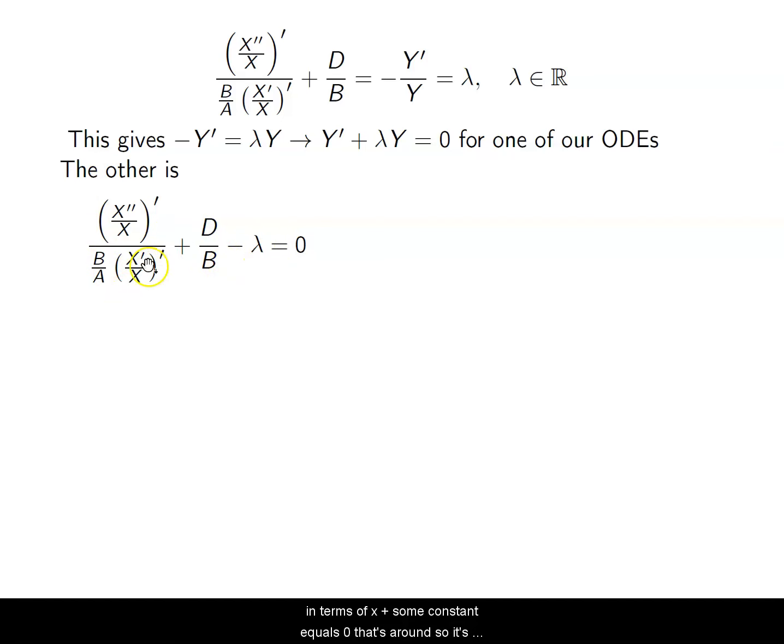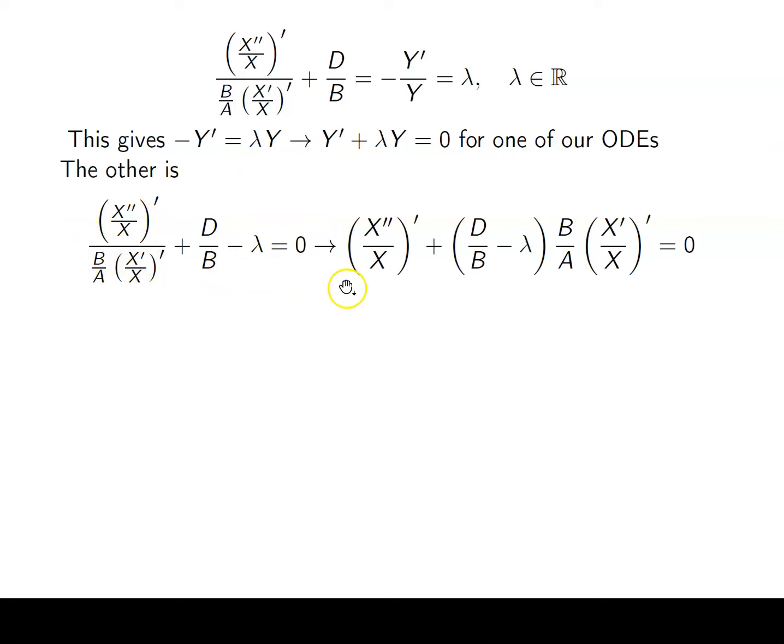We like to move this around so it's something easier for us to work with. We are obviously going to get rid of this denominator here by multiplying it out. So I now have my first term back to how it was, plus this constant times what I had in the denominator. Notice that this whole thing, d over b minus lambda times b over a, all of that is a constant.